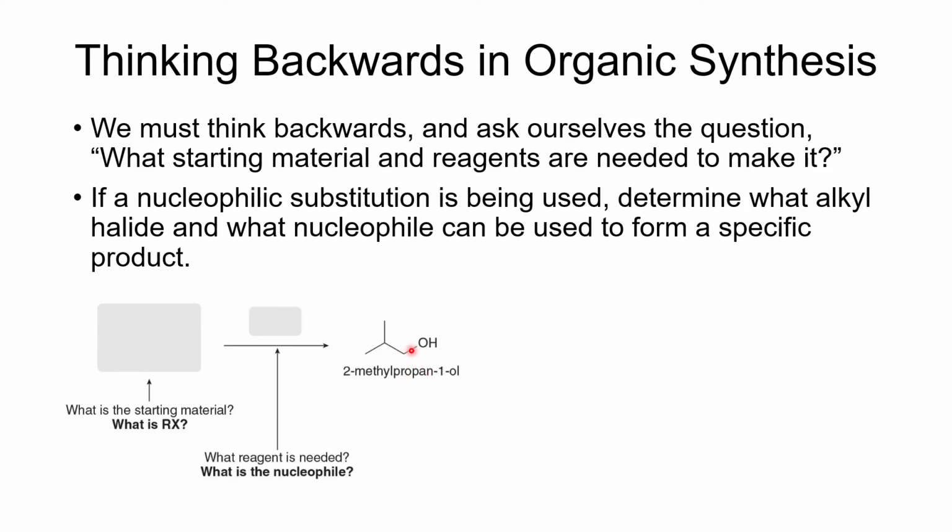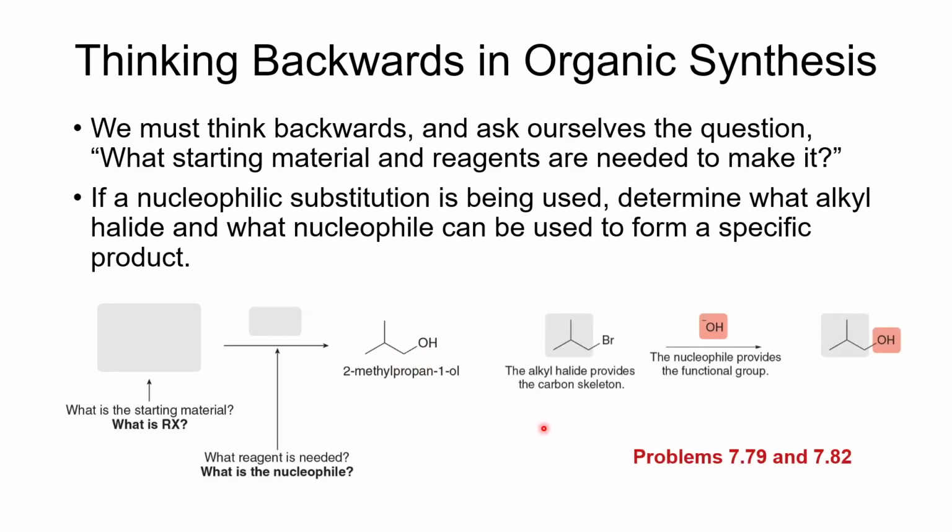So that means hydroxide would have been our nucleophile, this would have been our alkyl group, and there would have been a halogen there, like bromine or chlorine. Here we picked bromine, but we could have picked chlorine as well. So we can do that nucleophilic substitution, second order, SN2, and we could have gotten this.